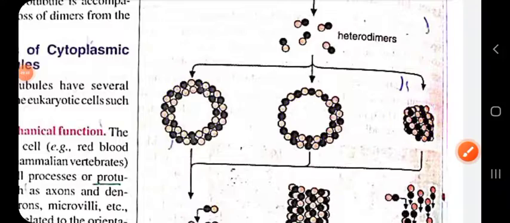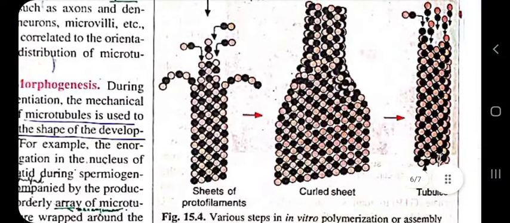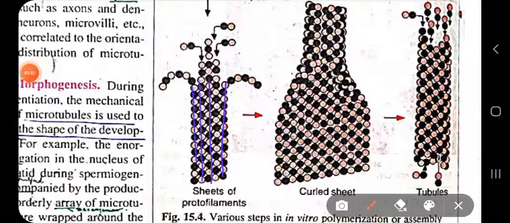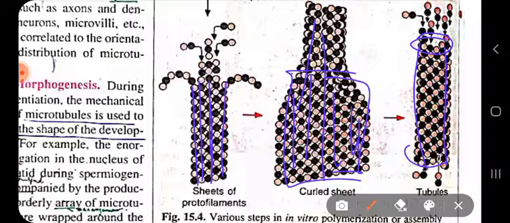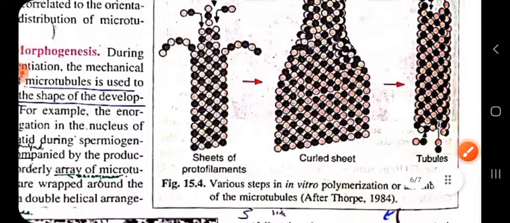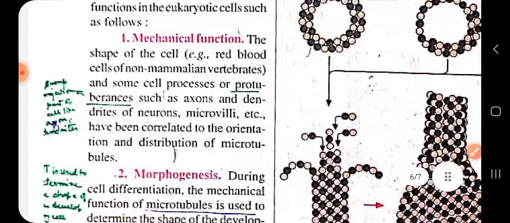Finally they form a linear protofilament. This protofilament forms a sheet-like structure first, like a sheet of paper. Now if you imagine this sheet of paper, it curls up, it bends to form a hollow tube-like structure, a microtubule.